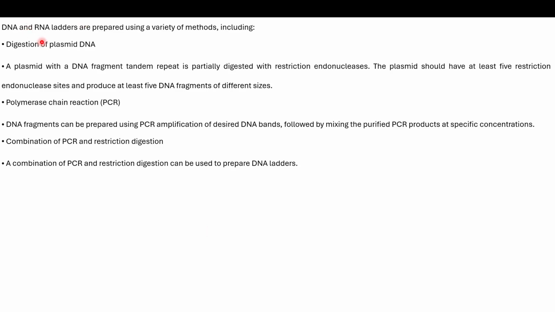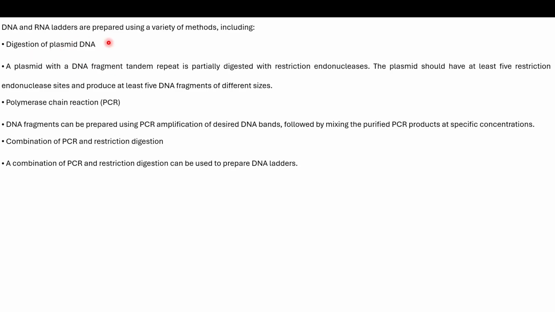Now again, we talked about different kinds of ladders. Now, DNA and RNA ladders are also prepared using different kinds of methods, including a plasmid DNA that will be chopped, like for protein ladders, we saw that there were different sizes of polypeptides, right?